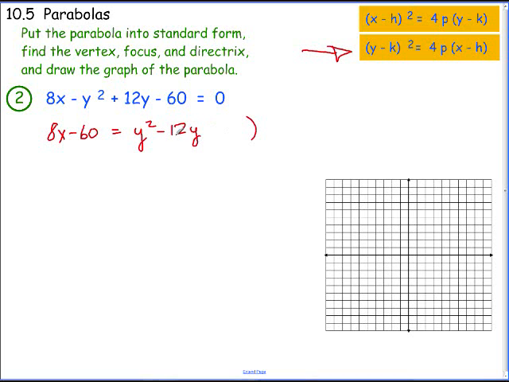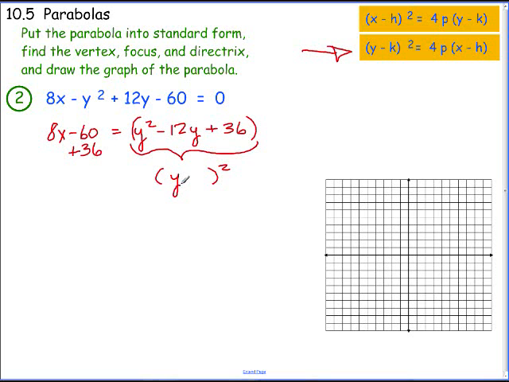And I know I'm going to have to get this into the form of a binomial squared. I take half of this, which is 6, and I square it. So I'm adding 36 to this side, so I have to add 36 over here as well.